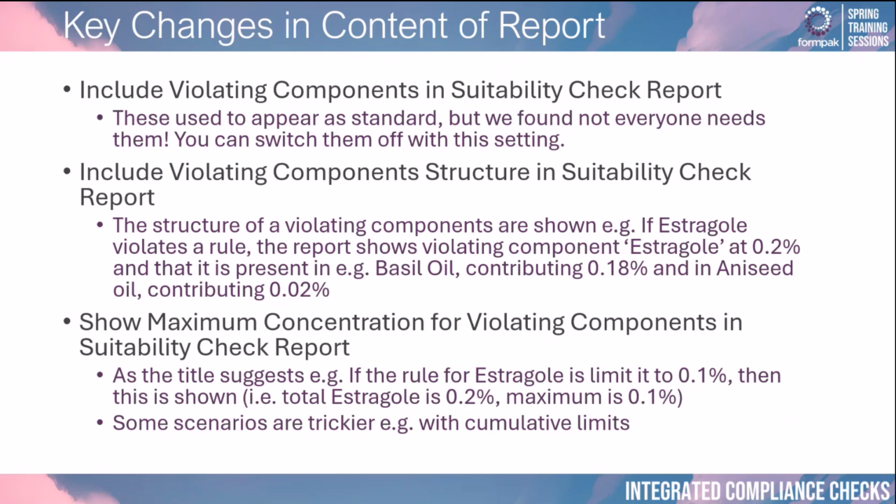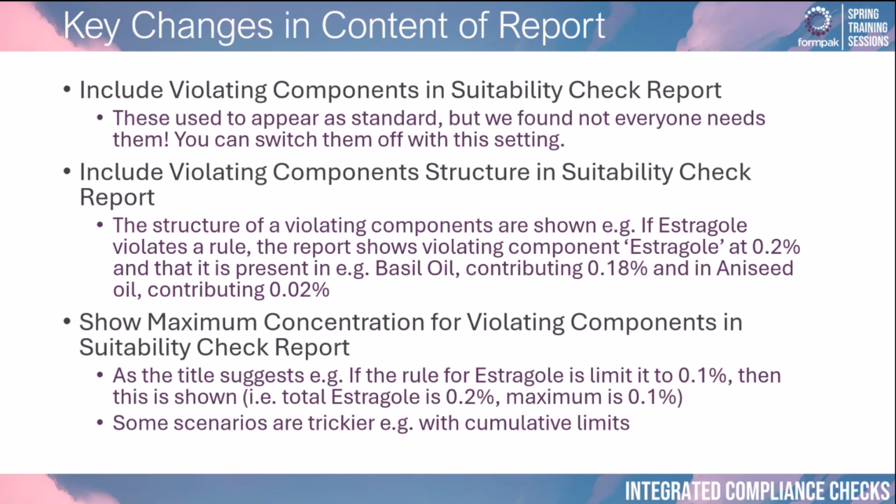In this scenario, it might show that estragole is the violating component, and it would then declare that it's present in, for example, basil oil, which contributes 0.18%, and in aniseed oil contributing 0.02%. So it's really helpful when you're using natural materials and you've got components in natural materials that are a problem. Also useful if you use bases, which I know is more common in fragrances than it is in flavours, but useful nonetheless.